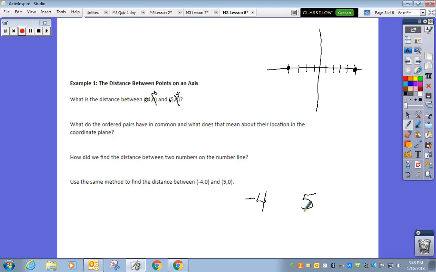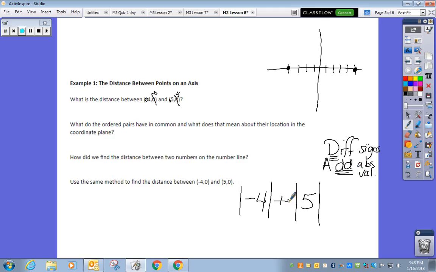Now I'm going to find the absolute value of both of these numbers. I notice I have a negative and a positive, that means different signs. And remember we said different signs means add their absolute values. Different and add both have D in it. So I'm going to find their absolute values and then add them together.